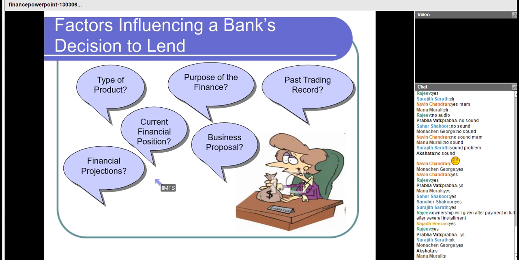What are your financial projections, meaning how much you expect to earn by the end of this year maybe? Is your proposal really feasible or is it just a very fake type of proposal, something not worth it? The nature of the market or sales forecast for that particular product.